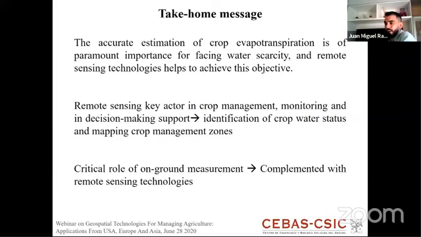An example of that are the applications that we have described regarding the identification of crop water status and mapping crop management zones. And last but not least, despite its limitations, the role of on-ground measurement is critical, and remote sensing does not have to be considered as an alternative, but as a complement of these approaches.